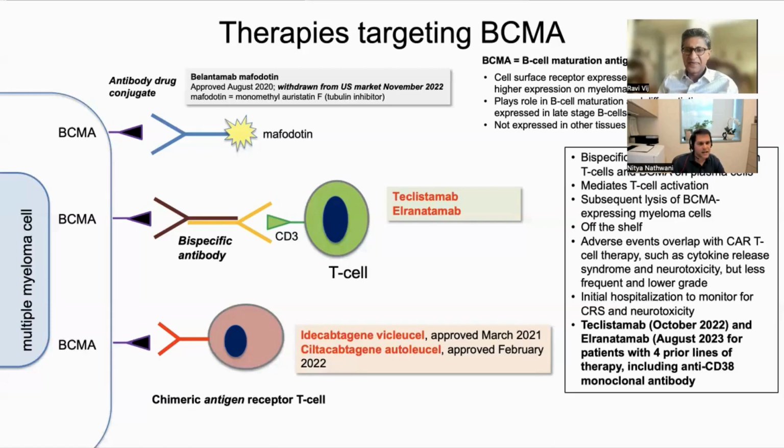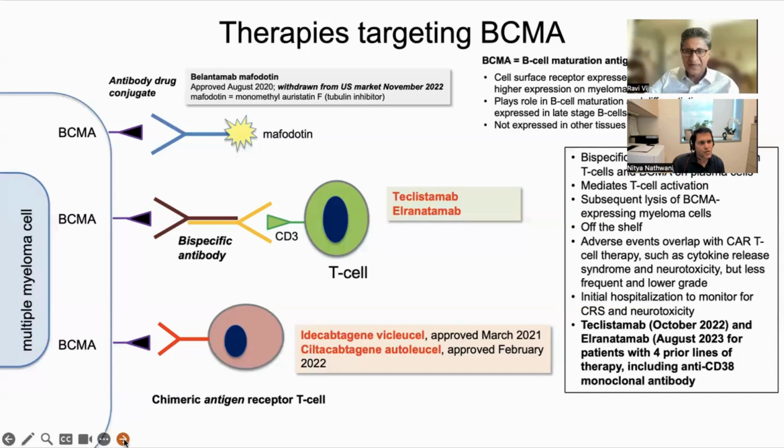And these cells are part of our innate immune system. And these immune cells have the ability to come in and recognize that the antibody is bound to the myeloma cell. And then they kill that myeloma cell just like it was a foreign substance like a virus or a bacteria. And these conventional monoclonal antibodies have been around for close to 10 years in myeloma now.